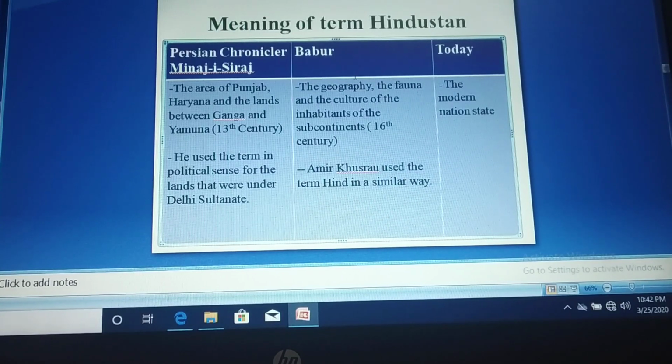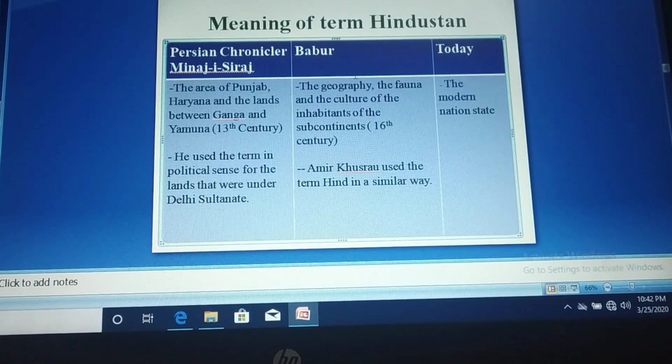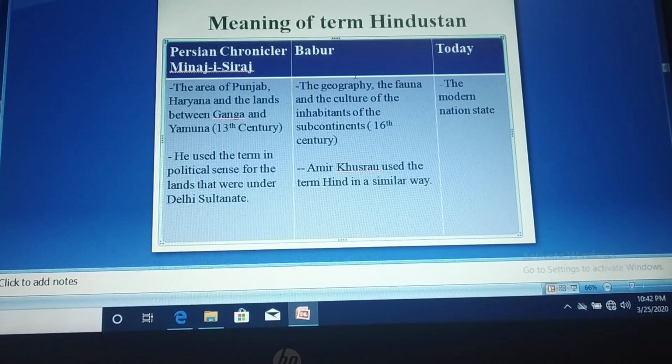And the next person whom we are going to discuss here is Babur. Babur used the term Hindustan in the medieval period in a different sense. He used the word Hindustan for the flora, fauna and the culture of this particular region, a region where a particular type of flora and fauna was found, a particular type of language and people were there.